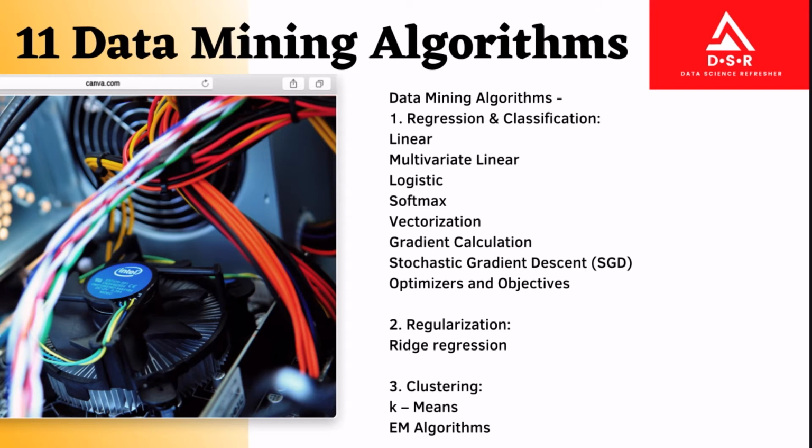In regression and classification, we have the linear, multivariate linear, logistic, softmax, vectorization, gradient calculation, stochastic gradient descent, SGD we call it, optimizers and objectives. Then in regularization we have ridge regression, clustering, k-means and EM algorithms.